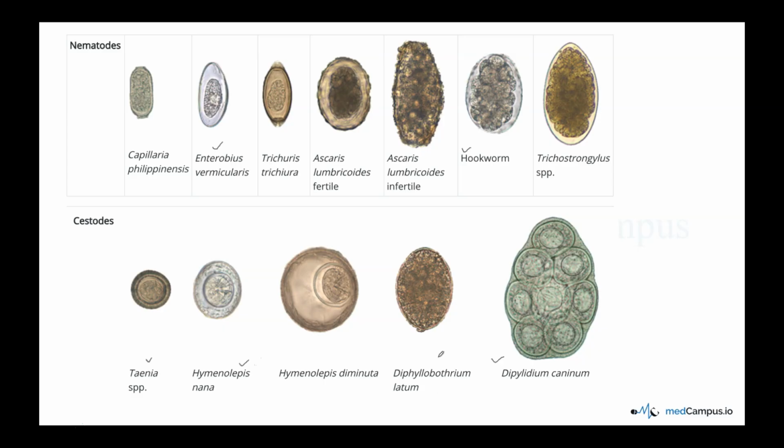Next, the operculated egg is seen in Diphyllobothrium latum, and polar plugs between the two membranes with filaments are a characteristic feature of Hymenolepis nana. So these are the few things that you need to remember from this topic. And what is the characteristic feature of Trichuris? Barrel-shaped egg. Barrel-shaped egg is characteristic of Trichuris trichiura.